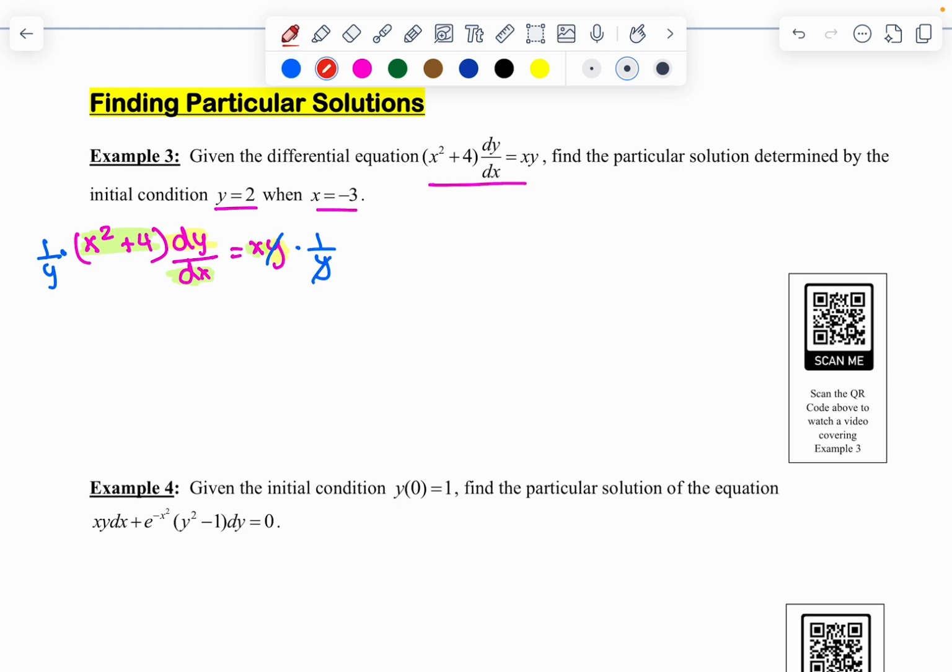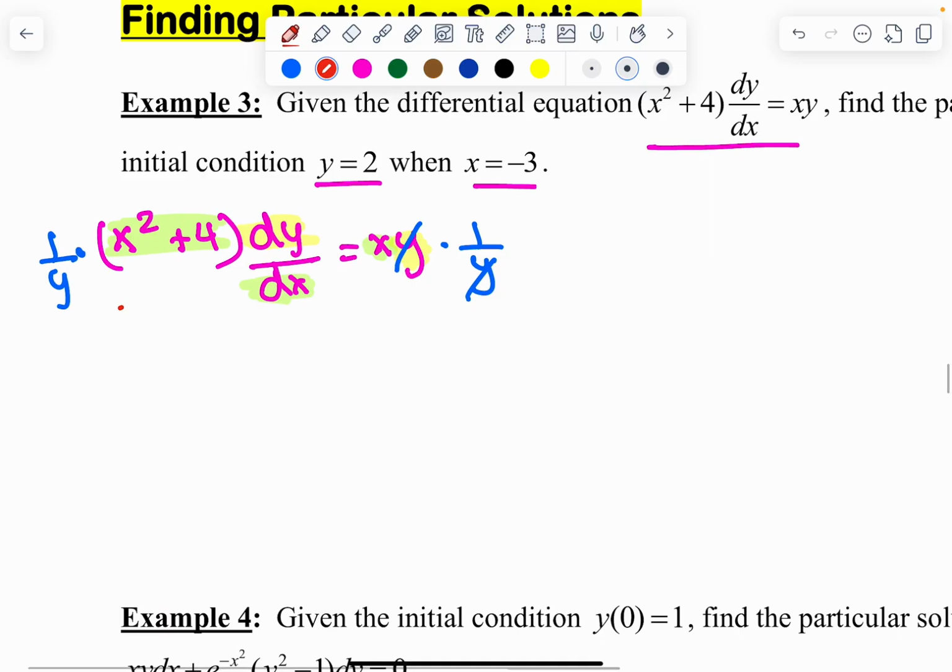And then at the same time, I'm going to divide by x squared plus 4, right? So I'm just going to write it one more step, okay? So we've got x squared plus 4 dy dx times 1 over y equals x so far.